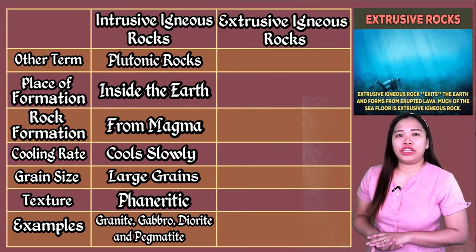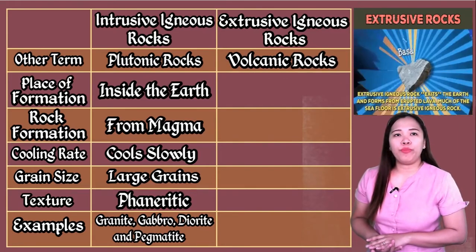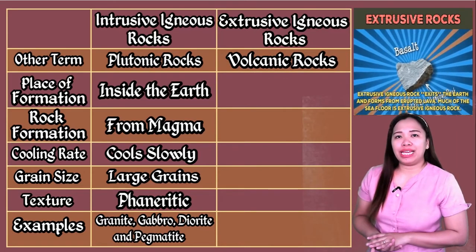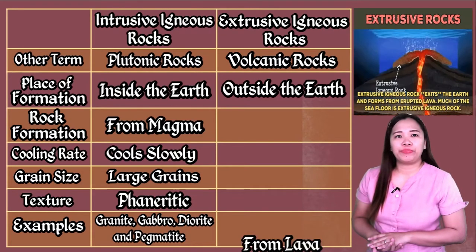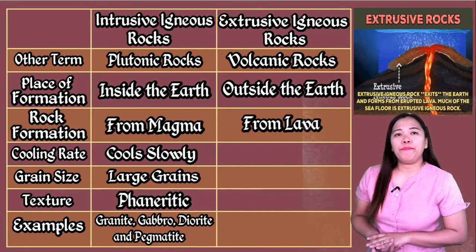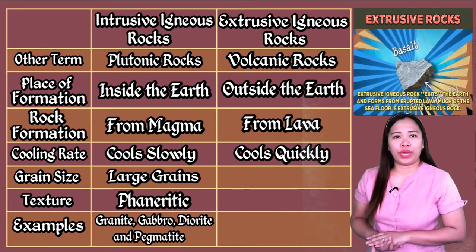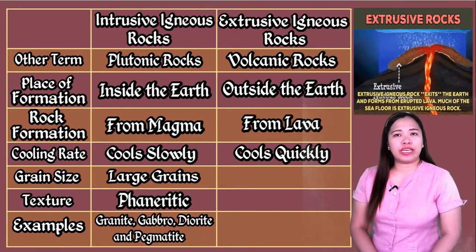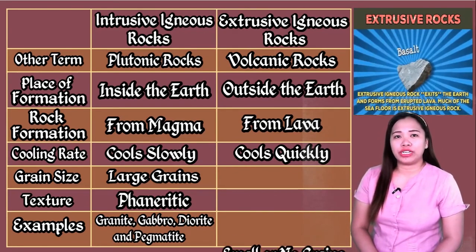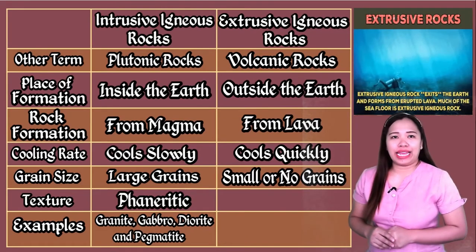Extrusive rocks, on the other hand, are also known as volcanic rock. It is formed when hot magma from inside the earth flows out onto the surface as lava. Since the temperature at this location is cooler, cooling happens quickly. This rapid rate of solidification produces volcanic rocks with small crystals which cannot be seen by the eye or with a hand lens.